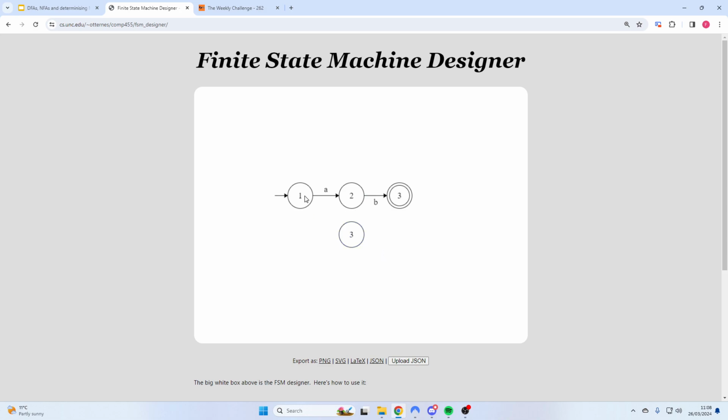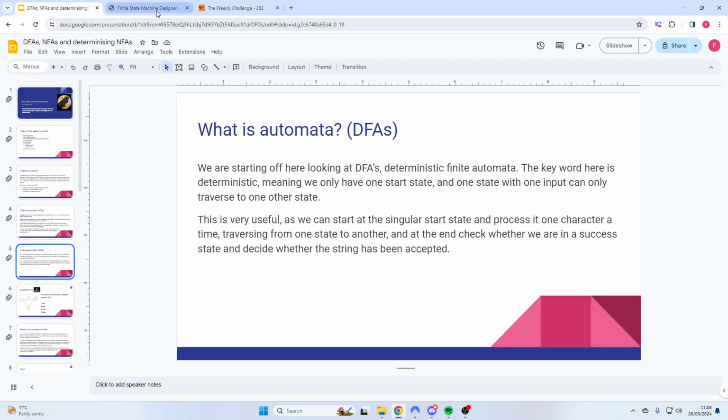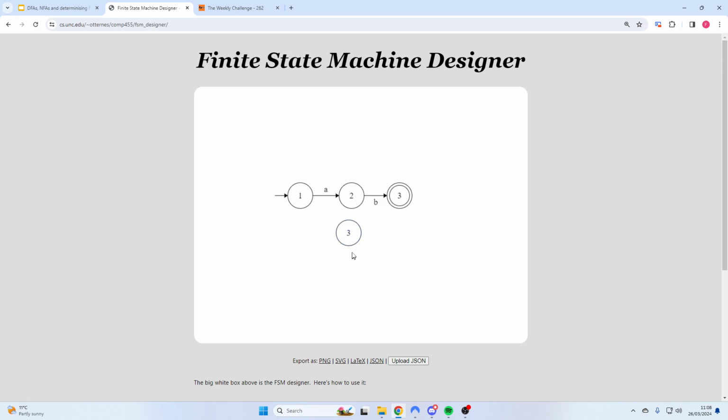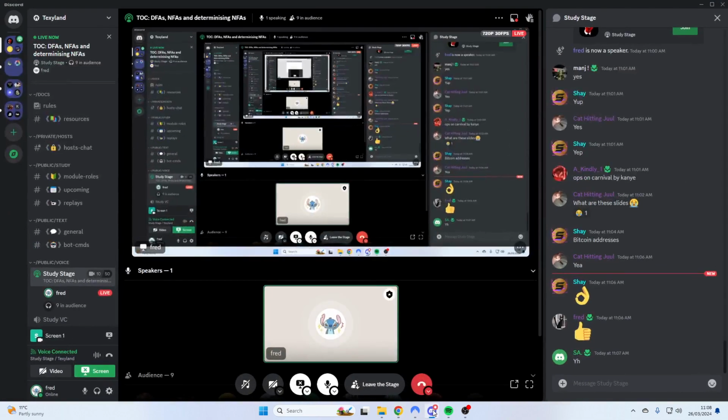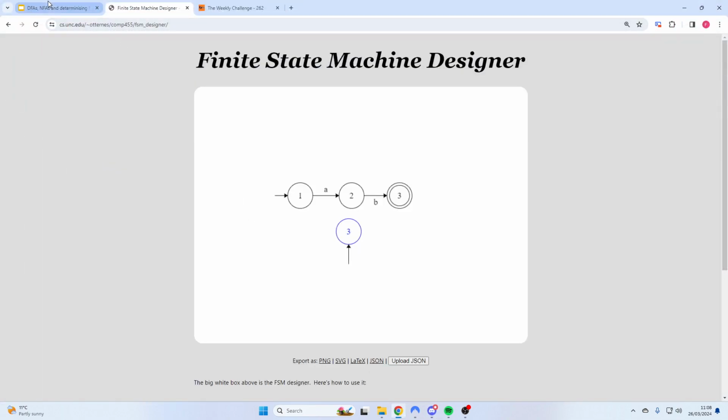If it wasn't deterministic, we could theoretically start at 1 and move to 2 or 3 after we consume A. But we're not allowed to do that in DFAs. And also, we only ever have one start state, which means we could only ever start at 1 here, or we could start at 3, but not both at the same time.